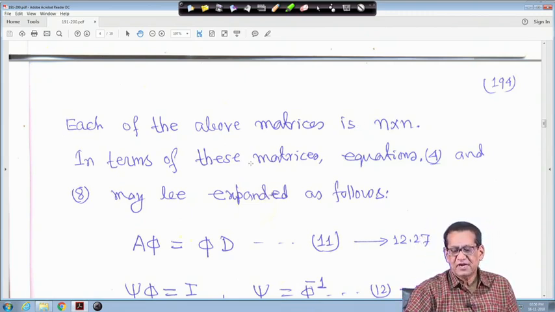In terms of these matrices, equations 4 and 8 may be expanded as follows.